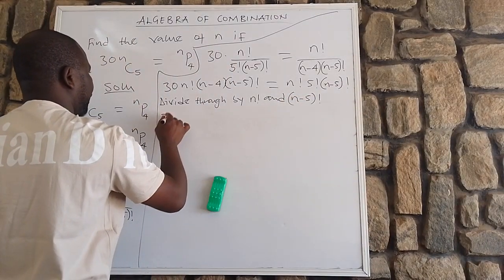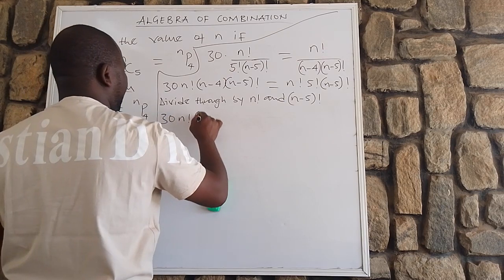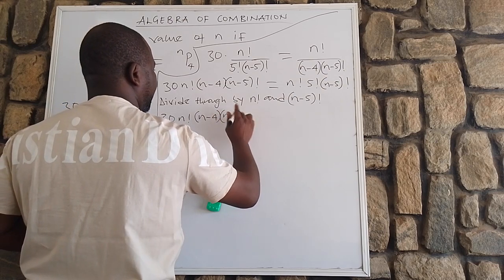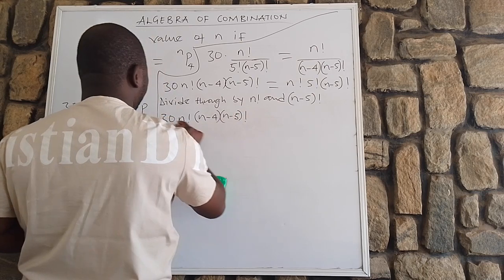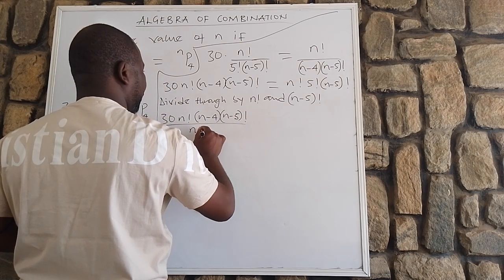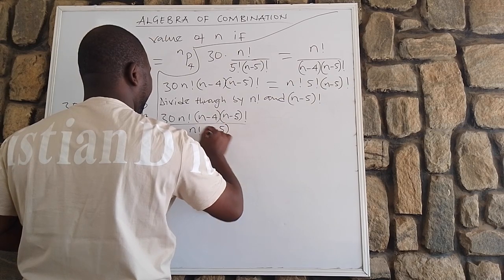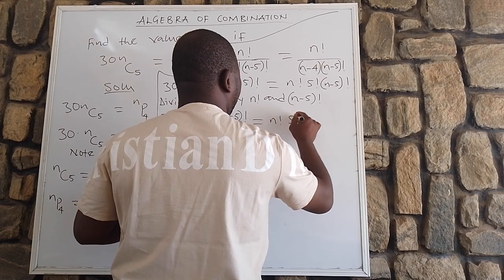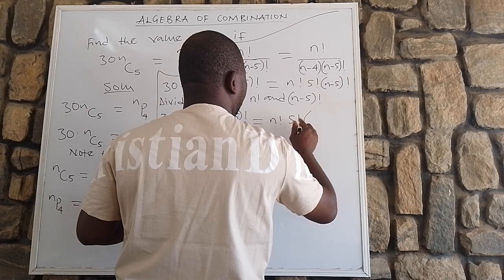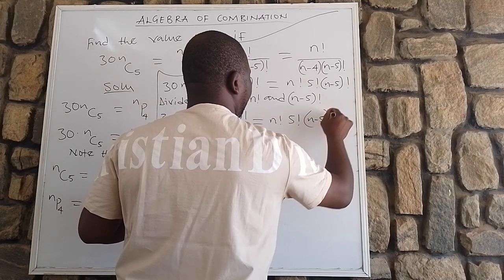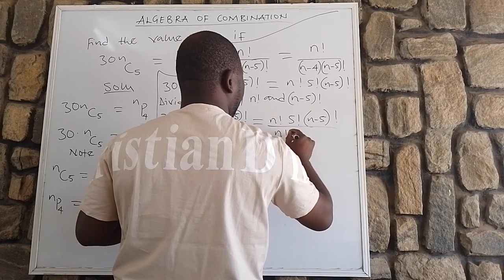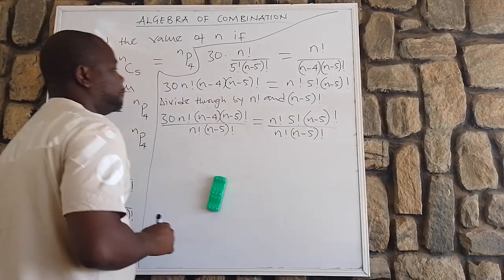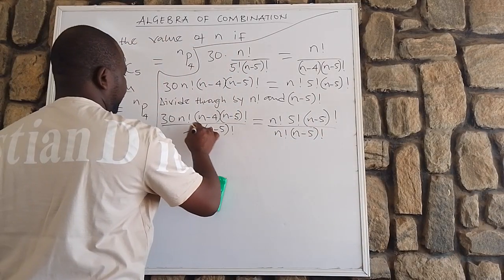So this implies that 30n factorial, n minus 4, n minus 5, this is 5 factorial, all over n factorial n minus 5 factorial, equals n factorial 5 factorial n minus 5 factorial all over n factorial then n minus 5 factorial. Okay, so this and this will go.